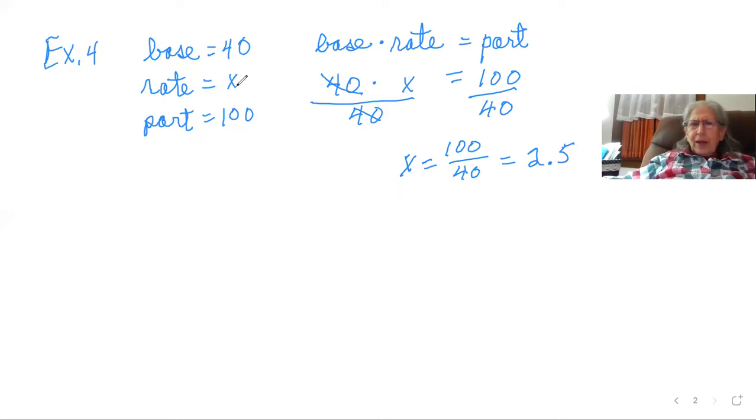Now, x is a rate, so they really want it as a percent. What's 2.5 as a percent? Well, we still have to move the decimal place over 2. 1, 2. Oh, so we need to put another 0 in there, so we have something to move it to. So we get 250%.